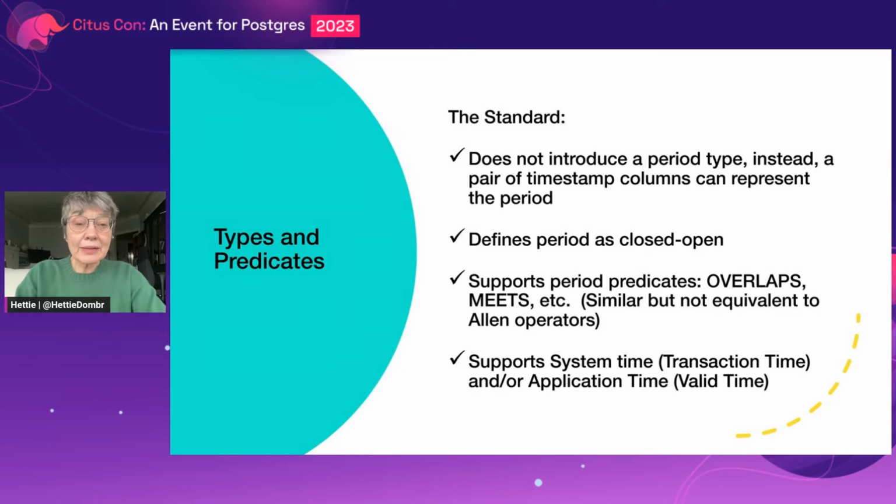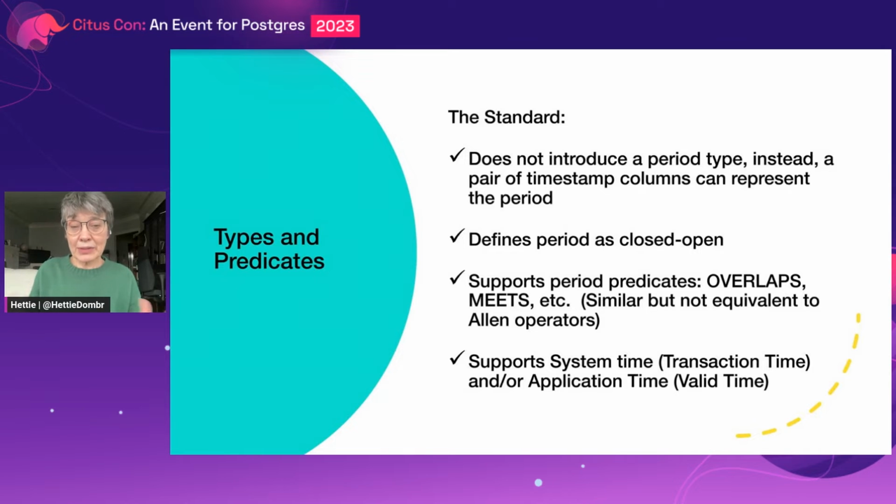So what do we have in the standard? The standard, interestingly, does not introduce the period type. The reason was that people did not want to demand having the period. The idea was, if you already have a database and we introduce a new type, then you need to change here and there how parameters can be, so you need to change allowed values for functions, procedures, and it's too much work.